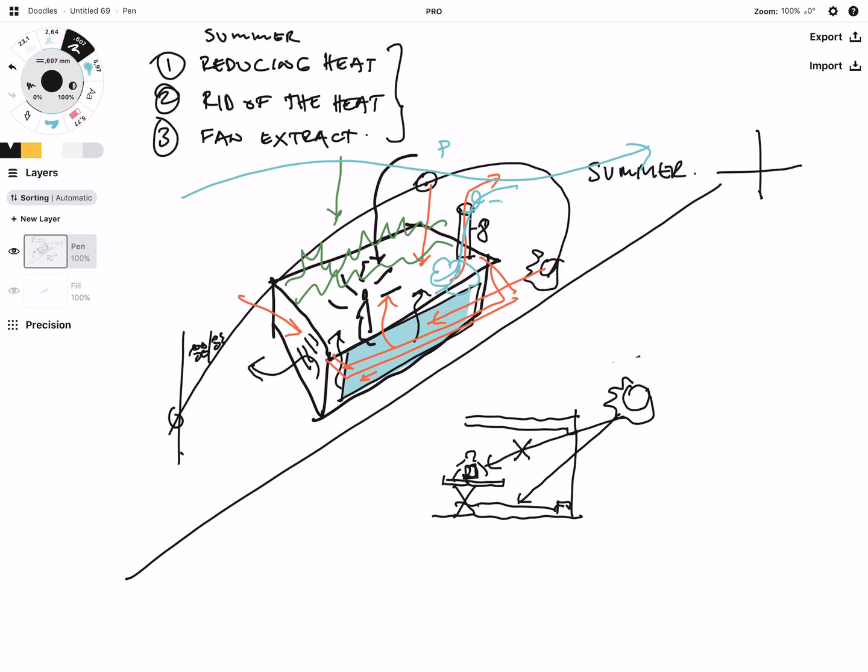What you can have is when heat builds up on a surface, that rising heat can move through the space and warm it up. You just want to create a separation between where that heat happens.